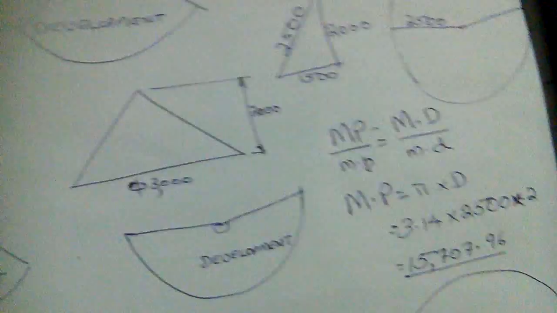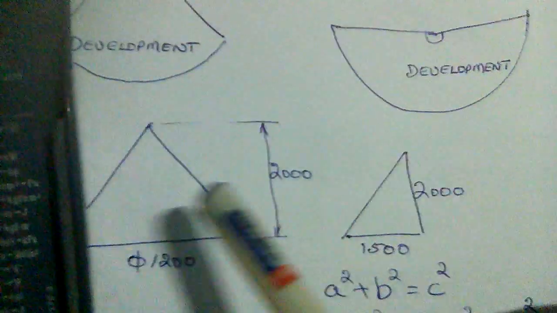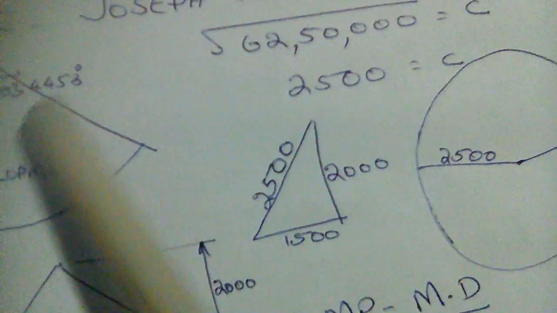First, when we made this cone's development, we got 17.977 degree. Secondly, when we did the development of this cone, which is having a diameter of 1200, we got a development which is having 103.4453 degree.